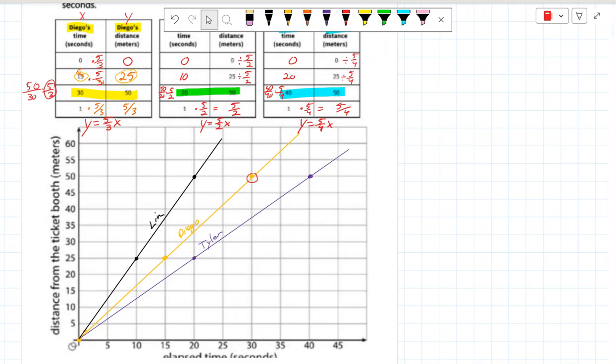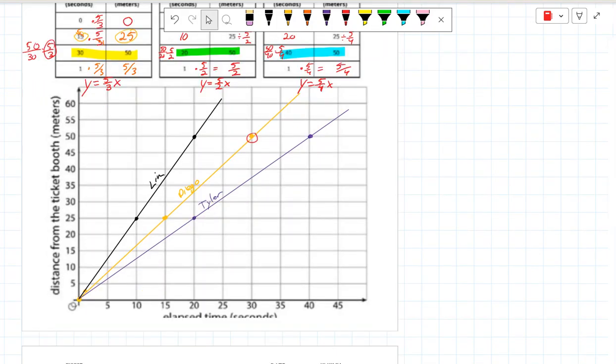All right, now as we compare them, you can see that Lynn is the steepest line, Diego's is the middle line, and Tyler's is the least amount of steepness. So, how can you compare these three lines? If you look at, let's say, 10 right here, 10 is represented as the elapsed time.